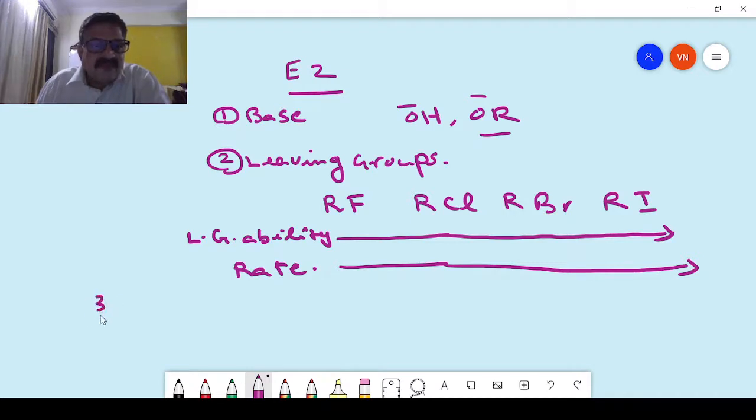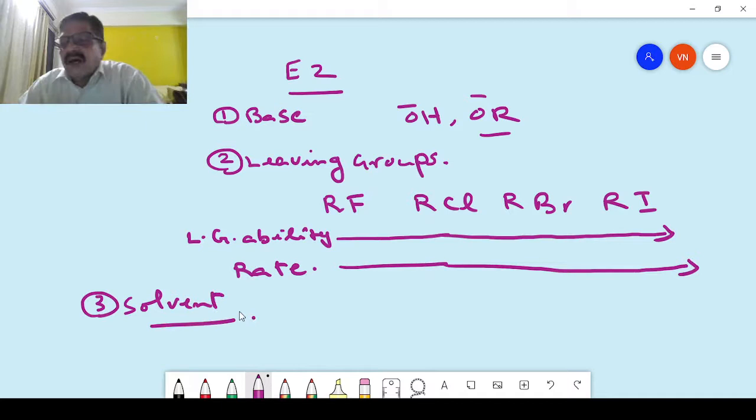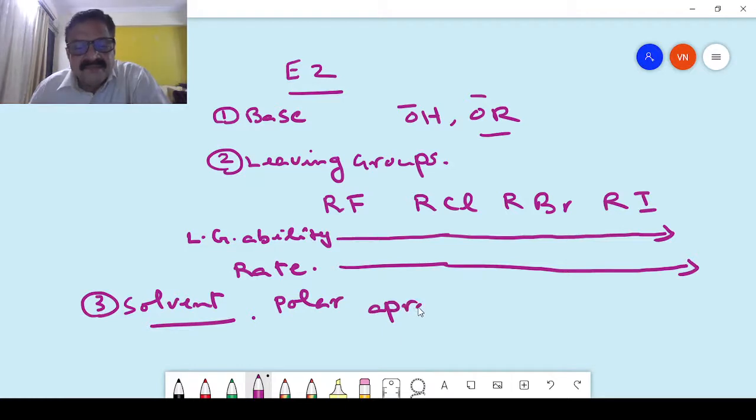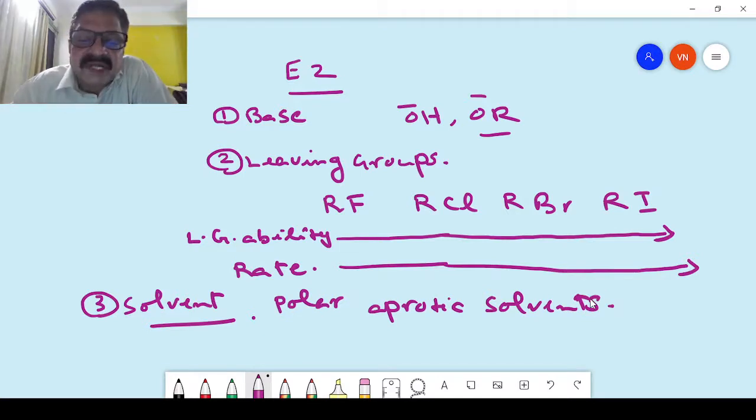And in the same way, the third point here is solvent. Polar aprotic solvents increase the rate of an E2 reaction, because polar aprotic solvents like acetone and DMSO do not solvate anions well.